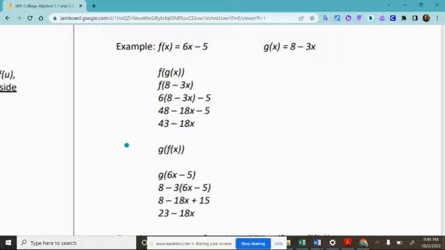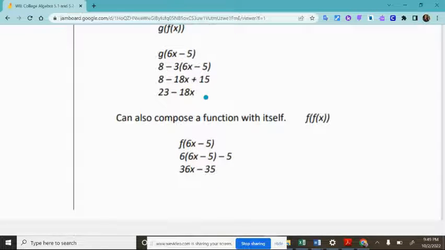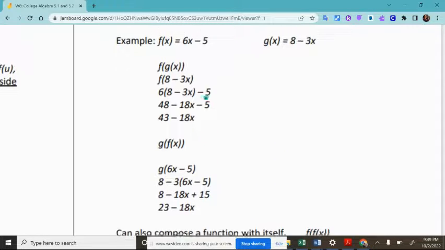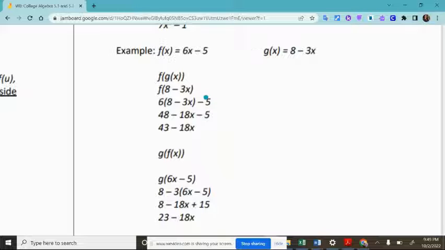Are you ready? This is going to make so much more sense here in a second. Here's a couple more examples. You can read those yourself. Let me just do it to the side so it makes a little more sense. F following g of x is the same as f of x, but instead of doing x, we put in the whole function g of x.